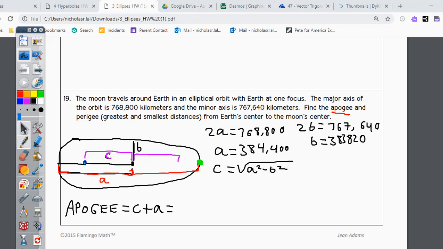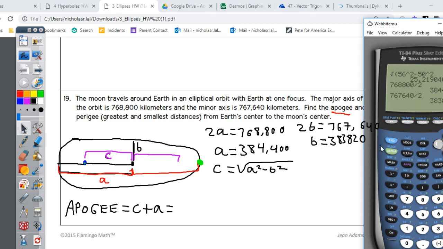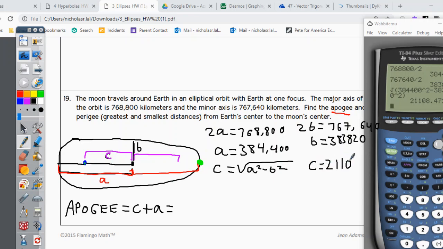So the square root of 384,400 squared minus 383,820 squared. That's 21,108. So C is equal to 21,108.